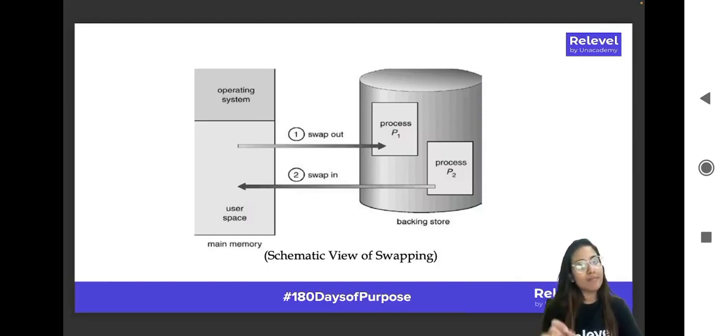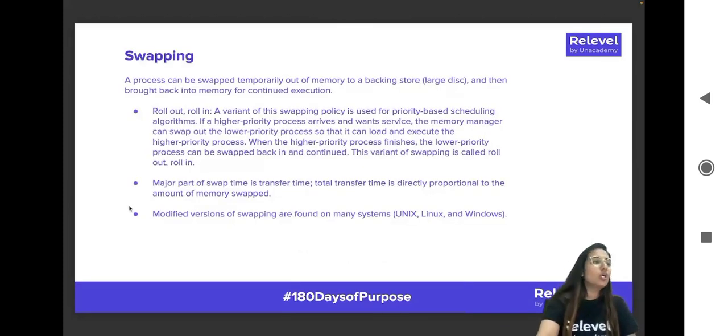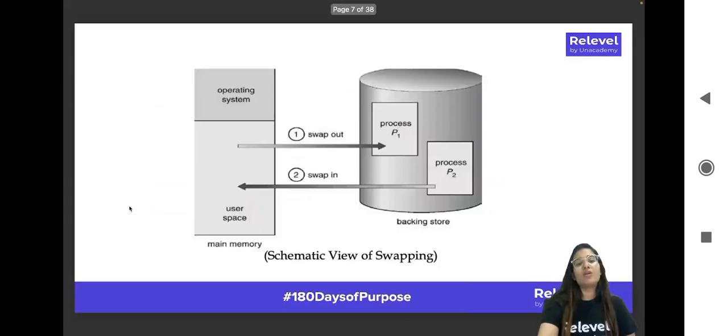Always remember that the swapping of processes by the memory management has to be fast enough, so that the processes can quickly come into memory, get executed, and then go back, and the process which was swapped can come back in. With this we talked about the technique of rolling in and rolling out, where on the basis of priority, a low priority process goes back and a high priority process comes in.